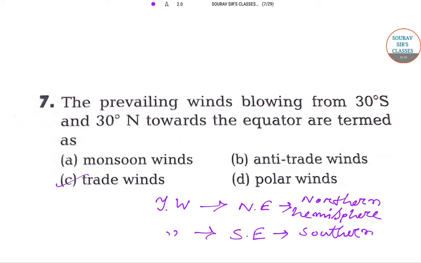They are permanent winds. So trade winds are permanent winds. So in this question the answer is trade winds.